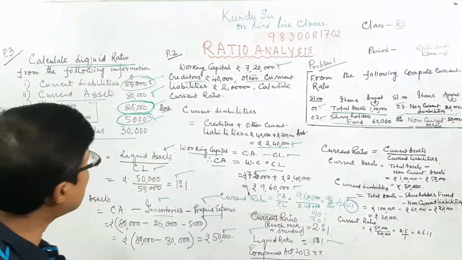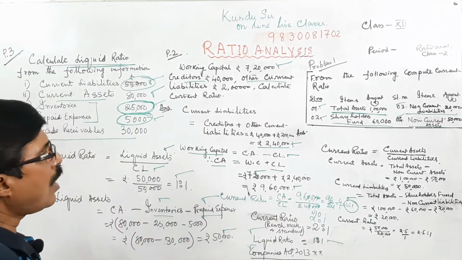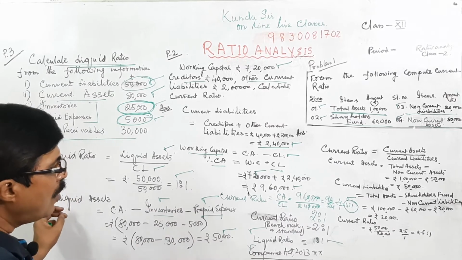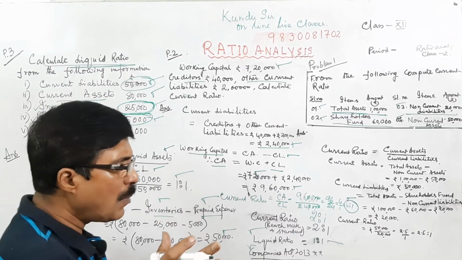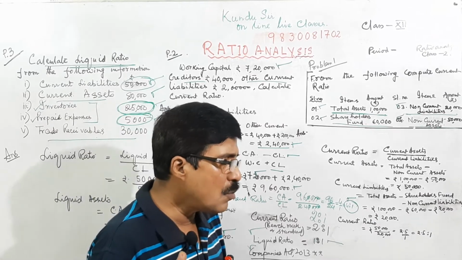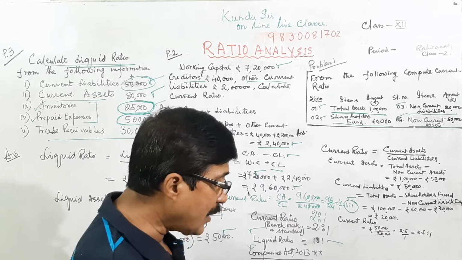These are the conditions for current liabilities, and I am discussing them now, not writing. You can go through the books, and if you forget, you can go to my YouTube class, and sometimes I send videos to all of you for revision. What are the current assets?